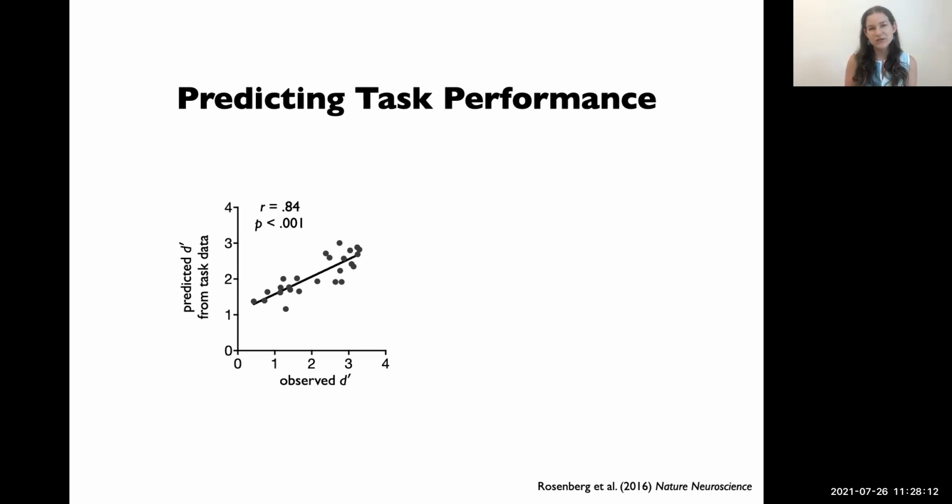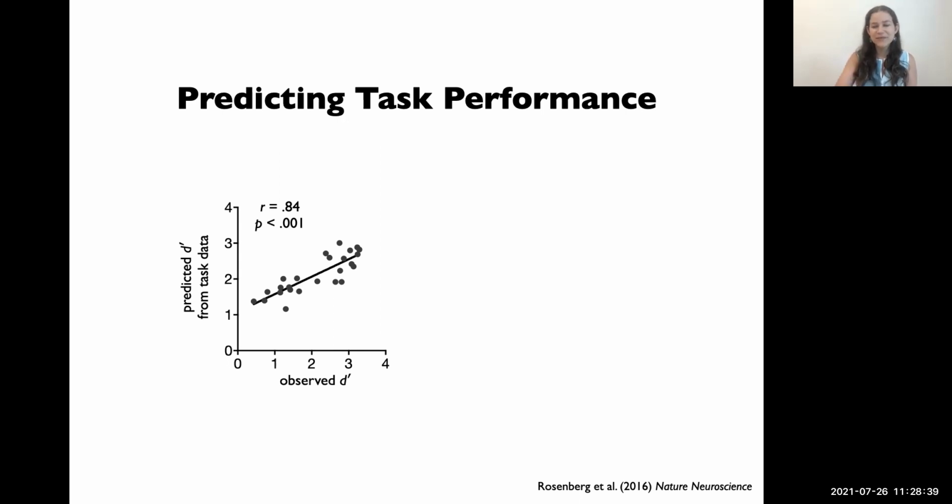Why didn't we just measure their task performance with their button presses? To ask this question, we performed a subsequent analysis where we asked, do we actually need to have individuals perform a sustained attention task during scanning in order to characterize their sustained attention function? Do we actually learn something about their sustained attention abilities from looking at data observed while they're not performing any attention task at all?